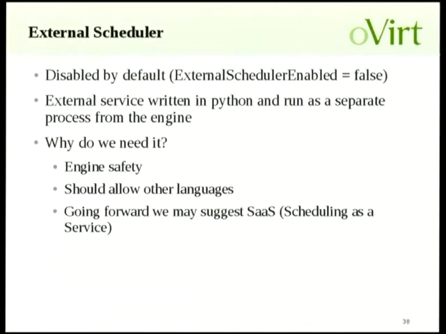We externalize it because we want to guarantee the engine's safety. If a user writes code, it can be dangerous to the system. We also want to allow other languages. oVirt is written in Java, and this module is written in Python.